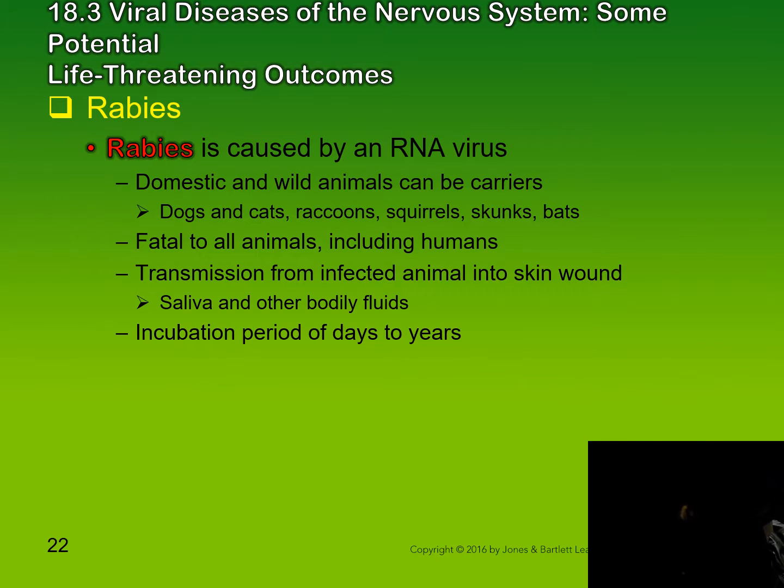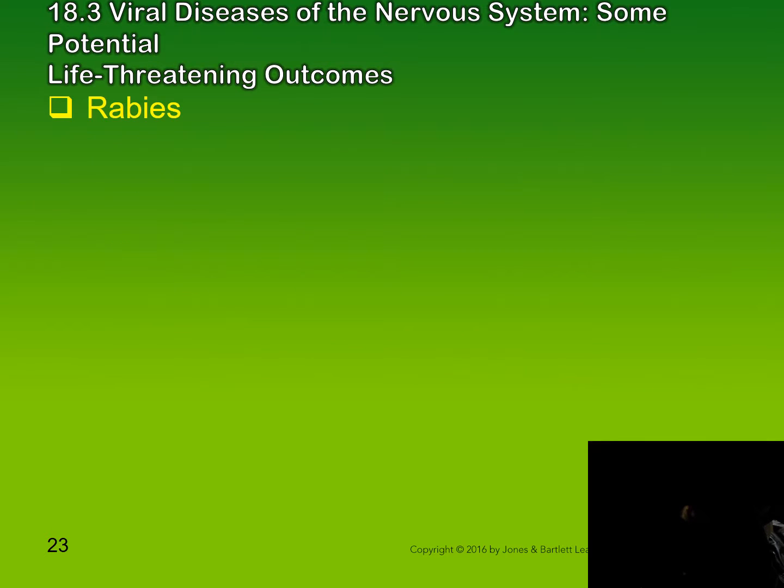The incubation period can be from several days to up to a year. There are vaccines available and routine for dogs, which is one of the reasons why we just don't have that problem in this country.